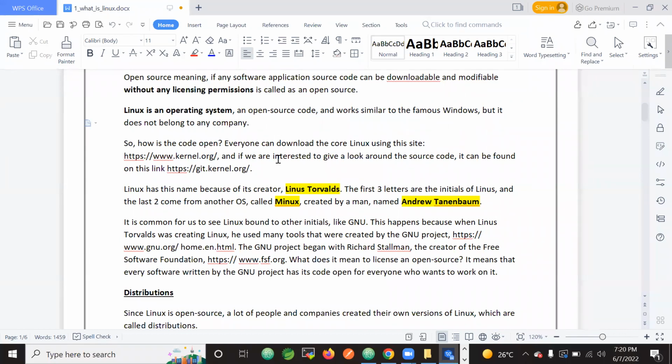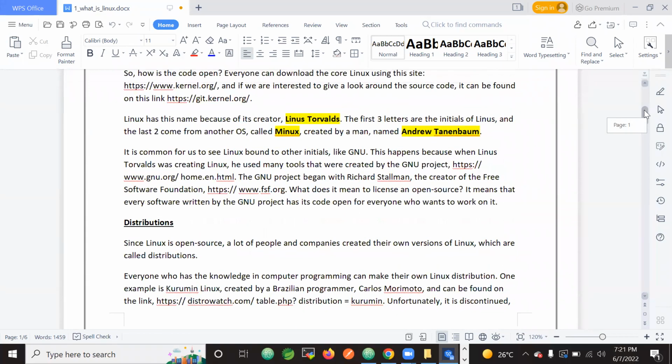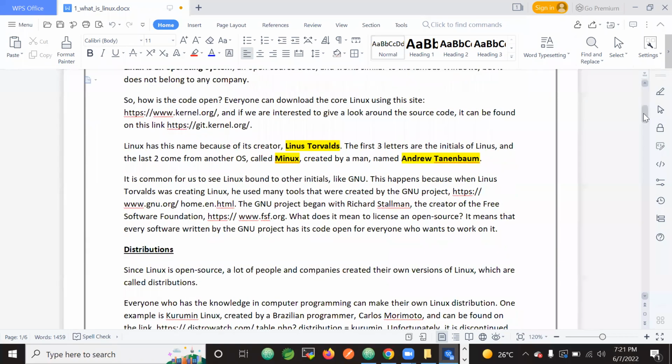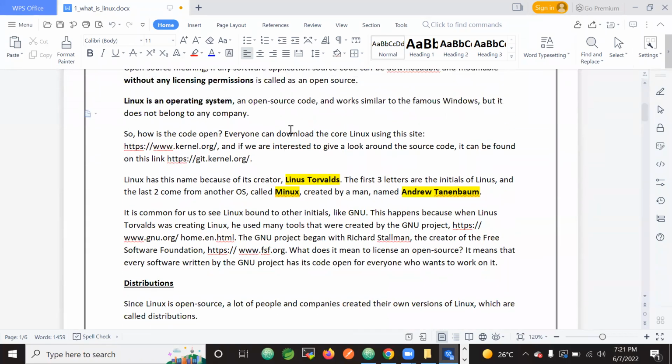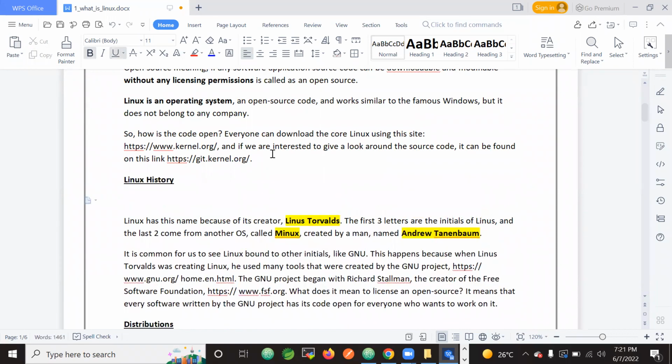Before going to the distributions and before going further, let us see the history of Linux. So let me write here, Linux history. I'm updating the document, and I will also upload it to our Google Classroom.